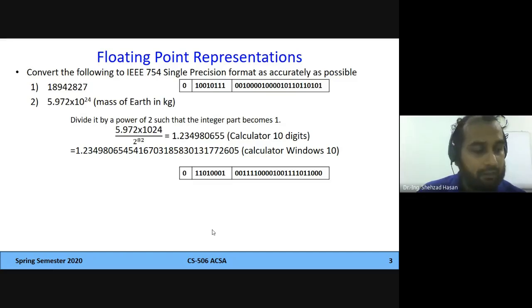That would be 209. Sorry, it's 128 plus 64 plus 17. So that's 209. So this number here is 209, right? But you have to subtract the bias before calculating the exponent. So subtract 127 from this number, and what you're going to get is the same thing, 82, right? So this is the same 82 that you're going to get.